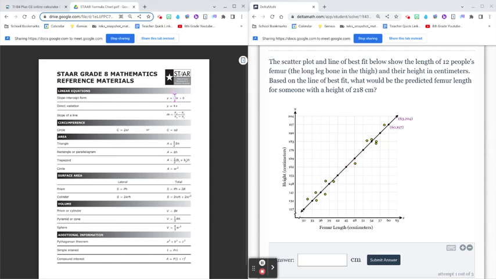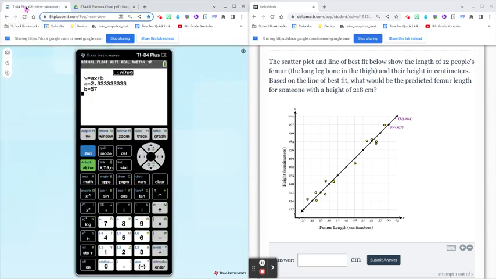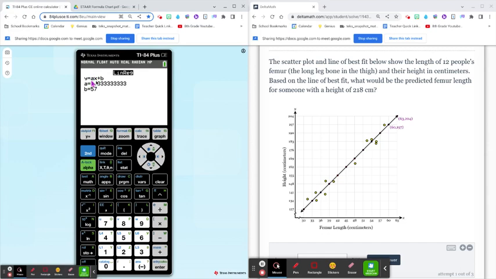So hopefully you can just remember that the slope is typically m, but it's always what's stuck to your x value. So if we look back at our equation, you see they say ax plus b, and a, whatever is stuck to x, is your slope. 2.33 repeating, and then your y-intercept is 57.